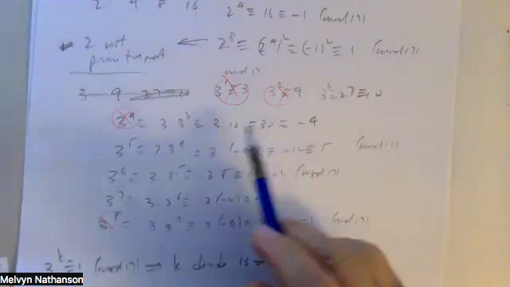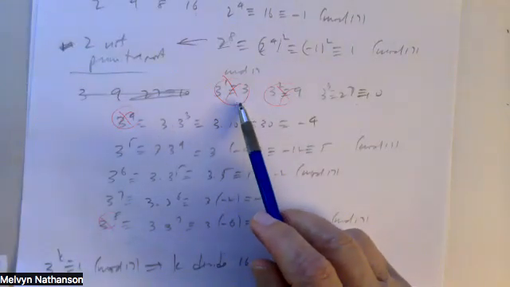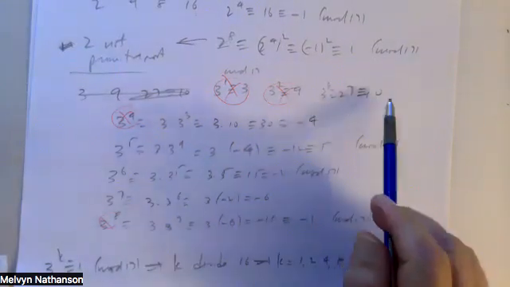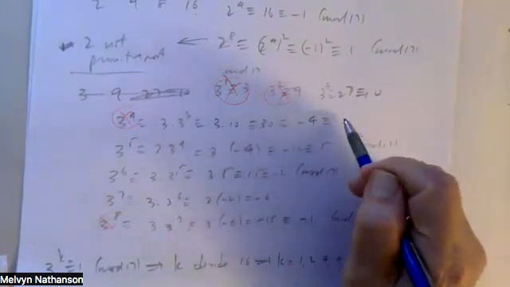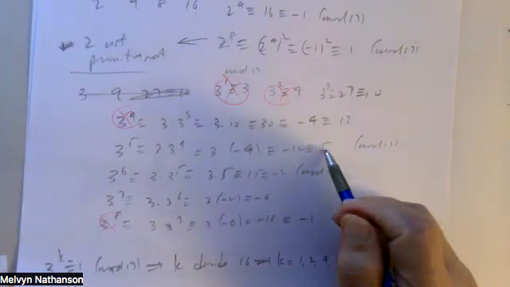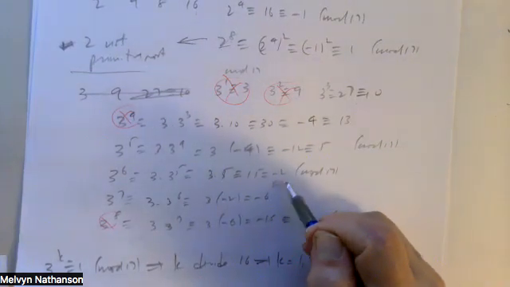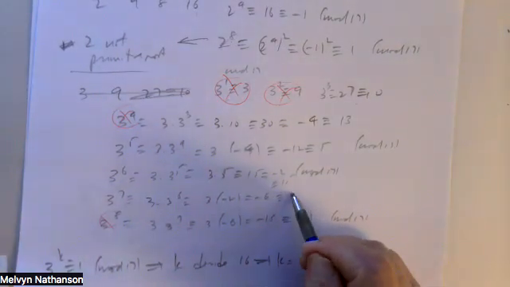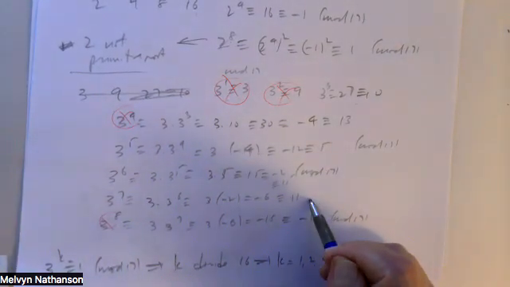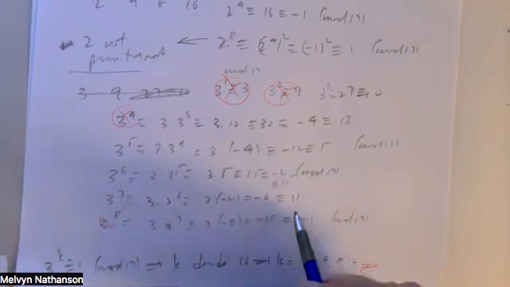You see here, when we took the powers of 3, we got 3, 9, 10, minus 4, which is the same as 13, 5, minus 2, which is the same as 15, minus 6 is the same as 11 mod 17. So 3 to the 7th is congruent to 11.